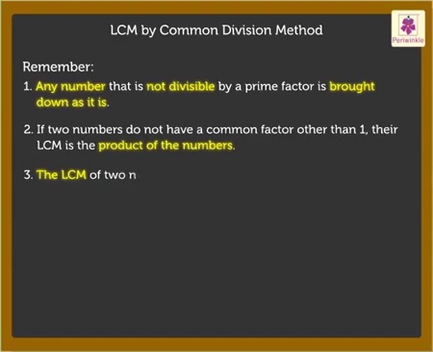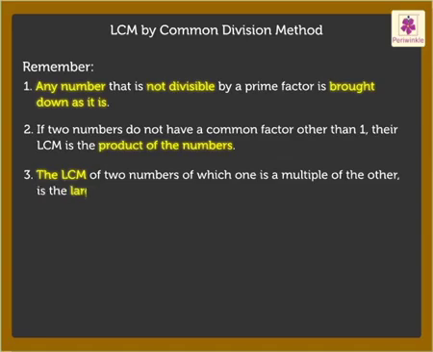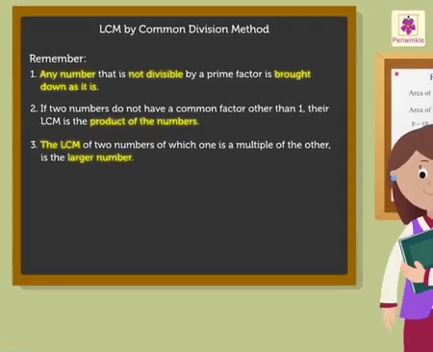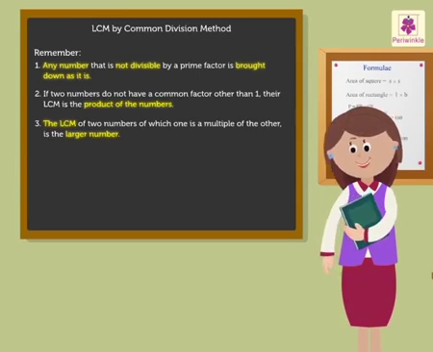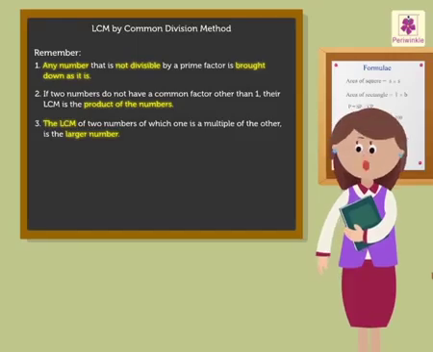The LCM of two numbers, of which one is a multiple of the other, is the larger number. Kids, now try some examples and find the LCM by common division method on your own.